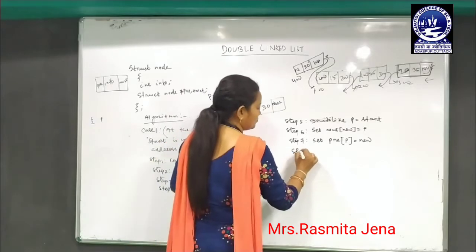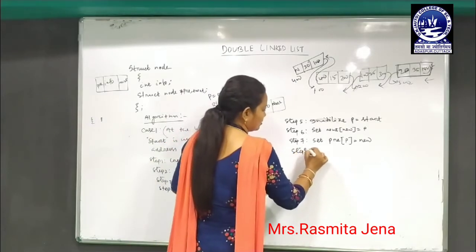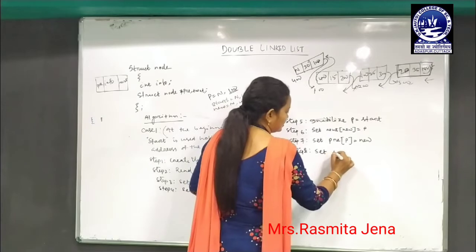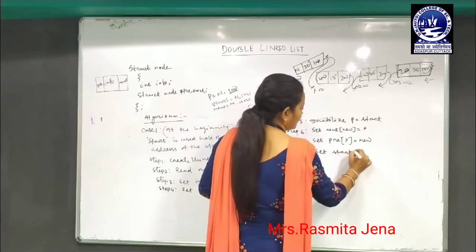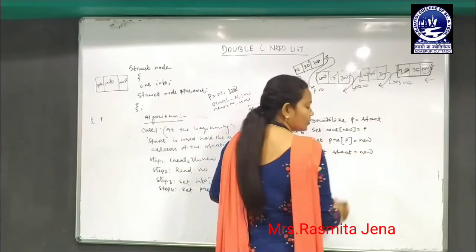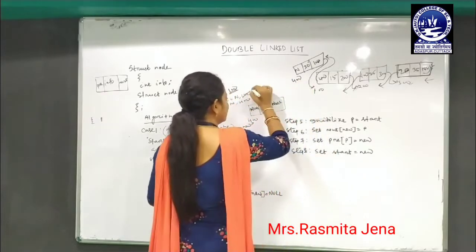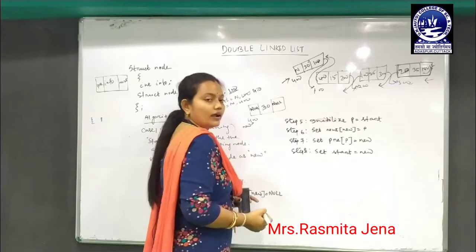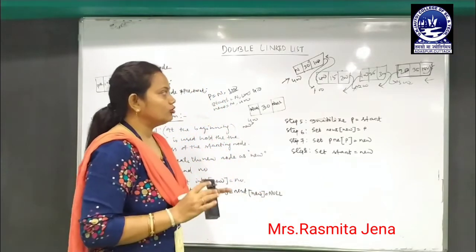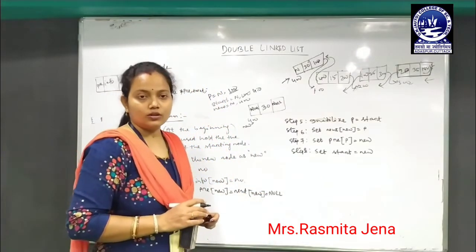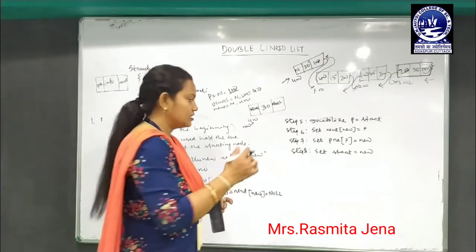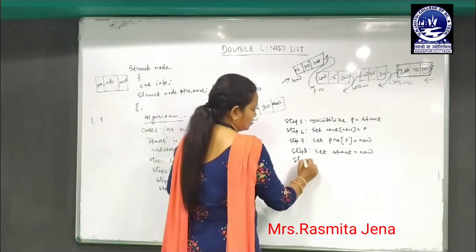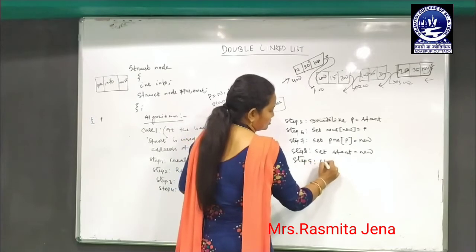In step 8, set start equals to new. That means now start is 400. So this is our starting node, and the new node became the starting node of the double linked list. Then stop the procedure.